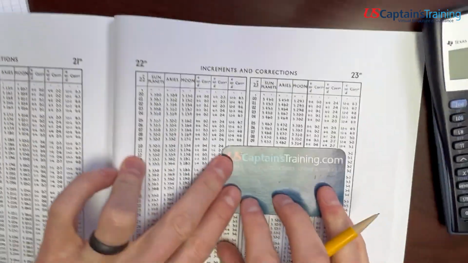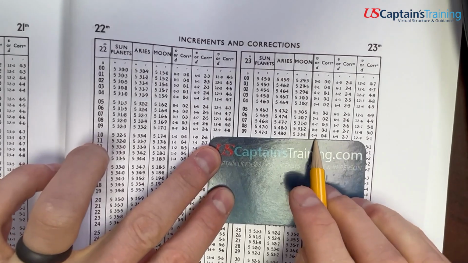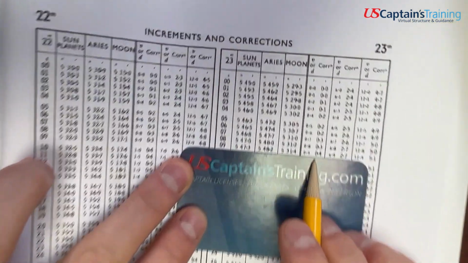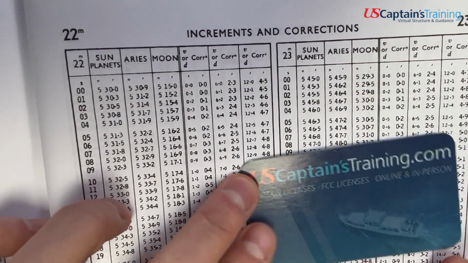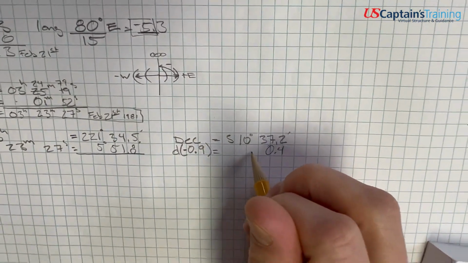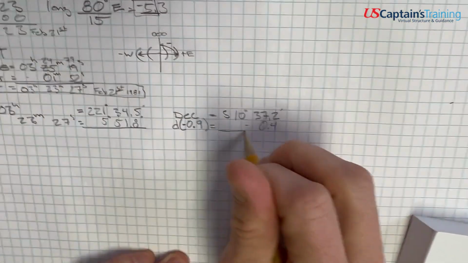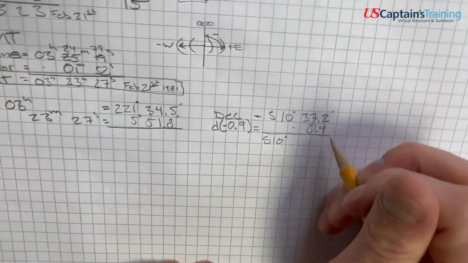And now let's get this D correction. Everything's got a correction. Here's 9. Here's our 0.9. And they want us to use 0.4, and we are subtracting it because it was getting smaller. So we're looking at south 10.